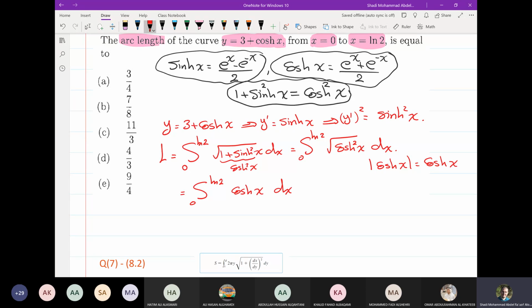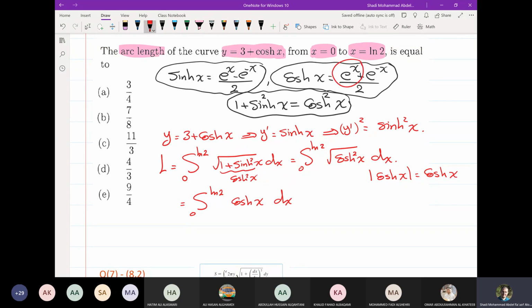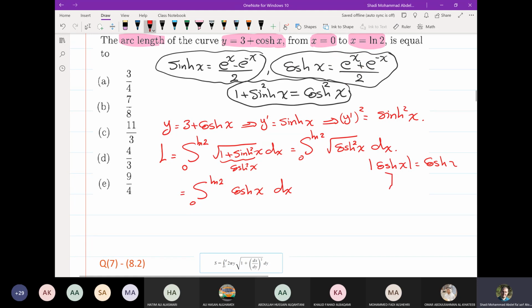You will say why it's positive. See here, it is exponential positive plus something positive over positive, so it's always positive. Is that clear? Because of that, we neglect the absolute value. But mathematically, you have to explain this if it's in a quiz or something.